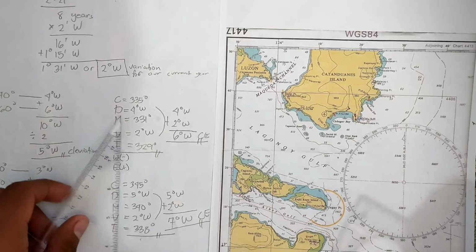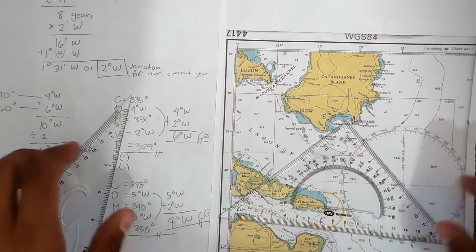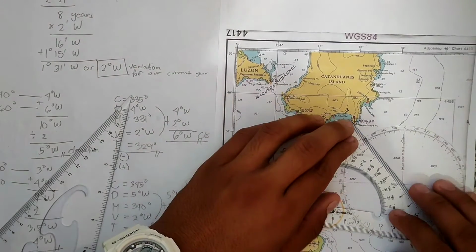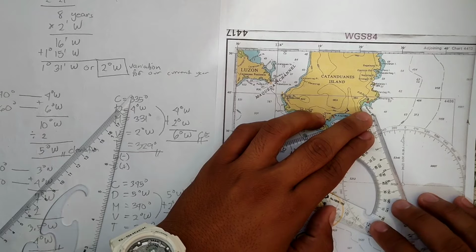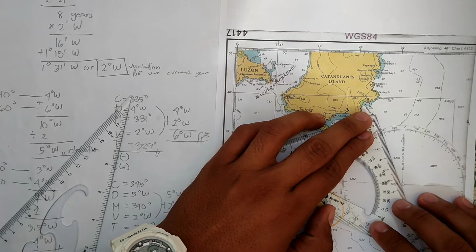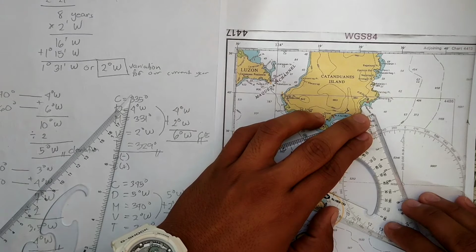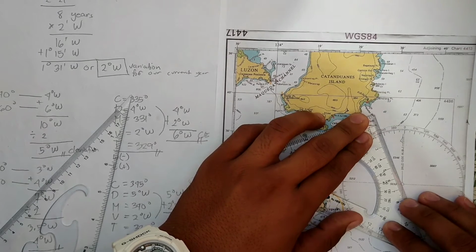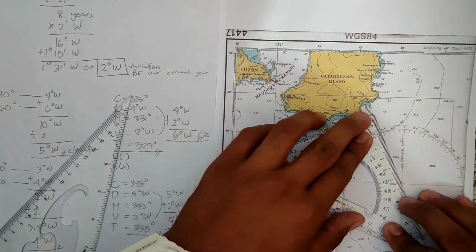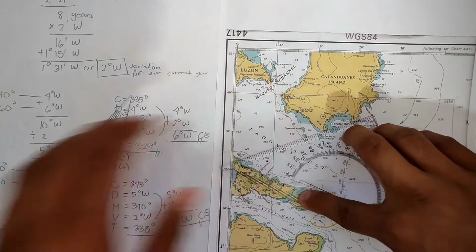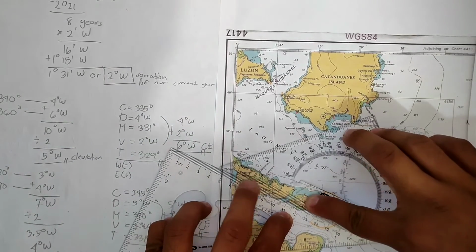In order to plot this one, we will use our triangle ruler. We will find 338. Here, 338 is right here. And now let us move it to our position.